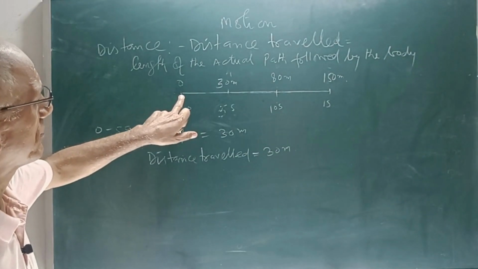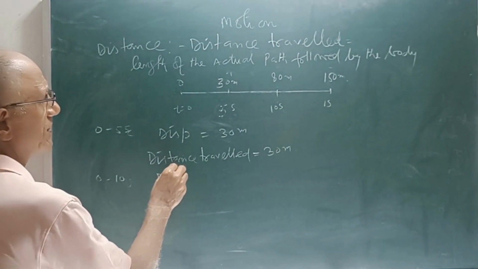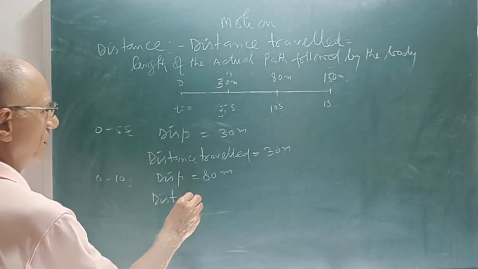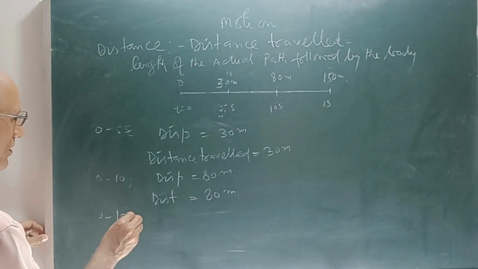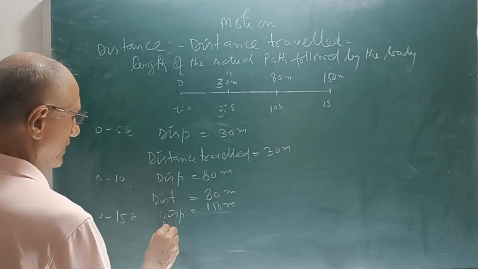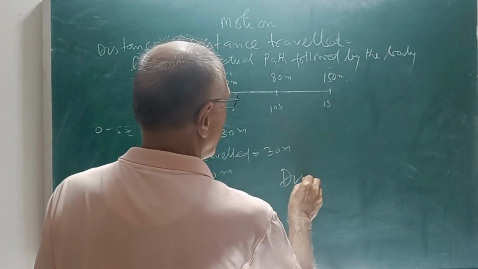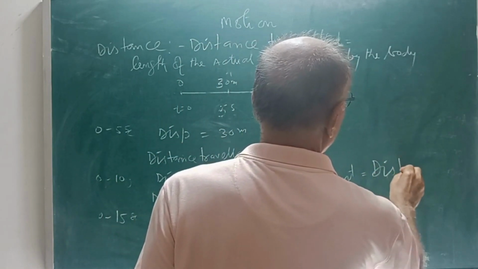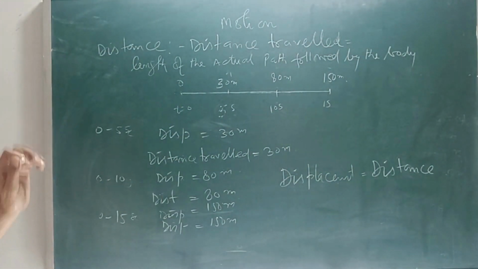When you move during 0 to 10 seconds, displacement is 80 meter and distance is also 80 meter. If 0 to 15 seconds, displacement is 150 meter and distance is also 150 meter. So here you have seen that displacement is equal to distance. There is no difference. You don't find any difference here.